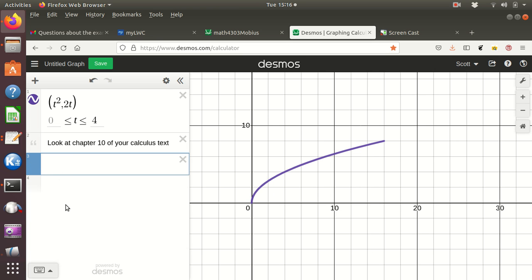But if you just give me a path, if you tell me what your path is, then I can put it here. Now, one of the paths that we're using in this class, they mention a lot, is they say e to the i theta t.